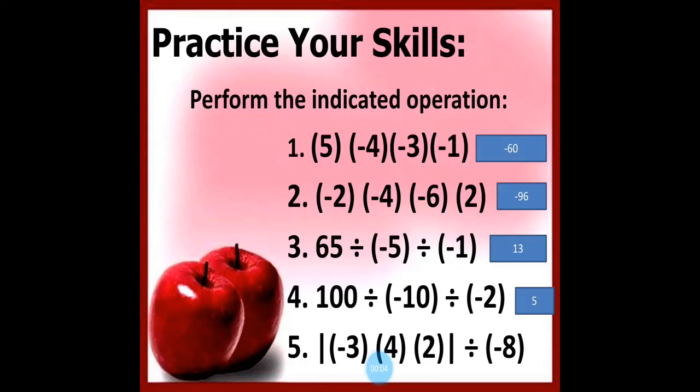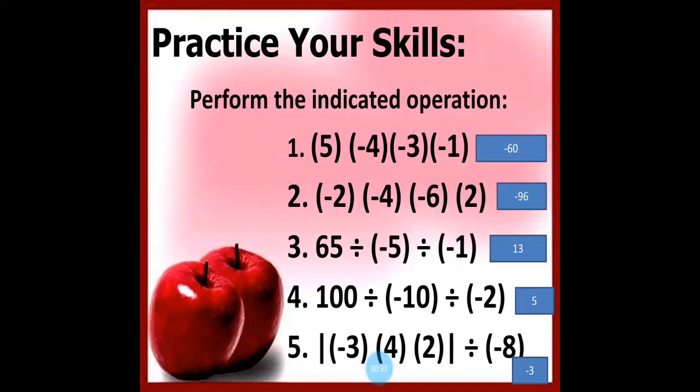The absolute value of the product of negative 3, 4, and 2, divided by negative 8. Negative 3 times 4 is negative 12, times 2 is negative 24. The absolute value of negative 24 is 24, divided by negative 8. So that is positive divided by negative. The answer is negative 3.